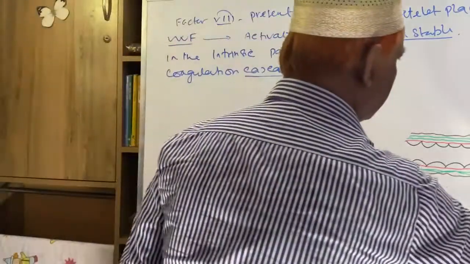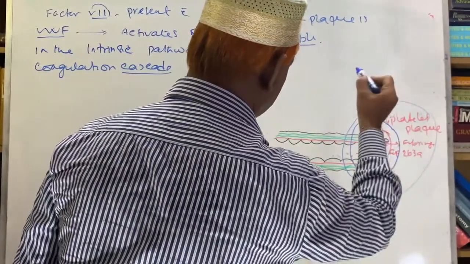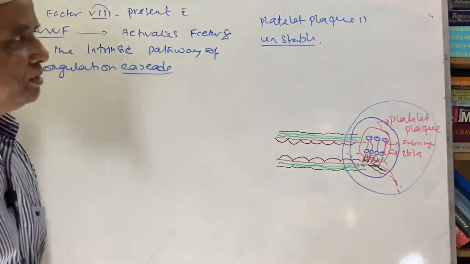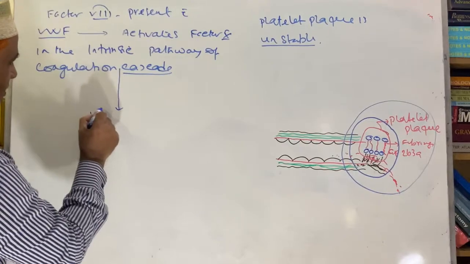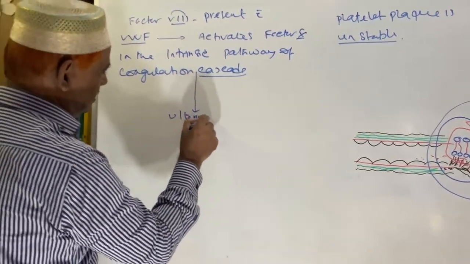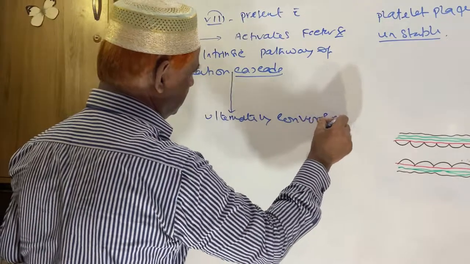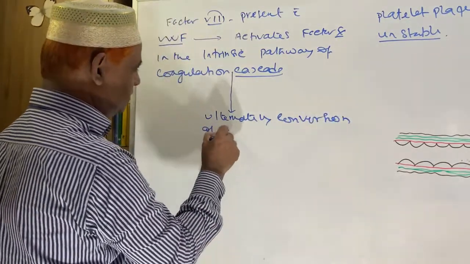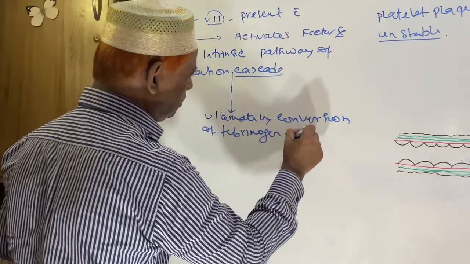So in this area, factor 8 that was present with the von Willebrand factor activates factor 10, and ultimately there is conversion of fibrinogen to fibrin.